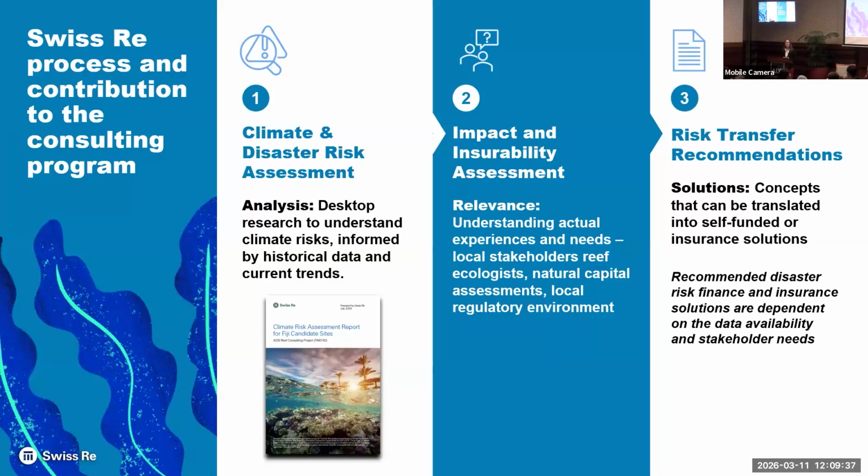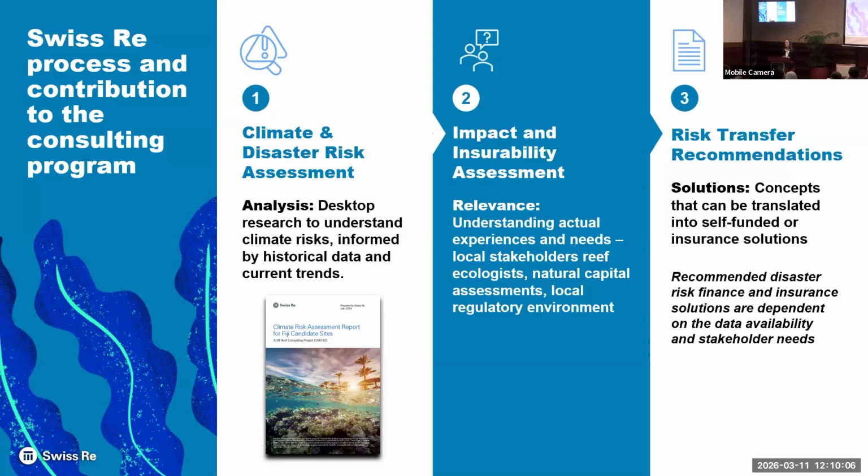Michael, my colleague, already discussed our climate risk and disaster assessment, and it was very much informed by discussion with local stakeholders, the input from the experts around looking at what were the key disaster risks and related man-made risks that may or may not be able to be funded for in advance, but anyway should be prepared for.